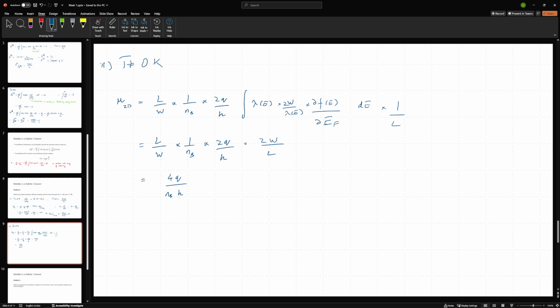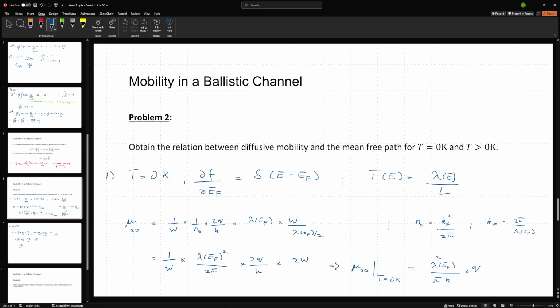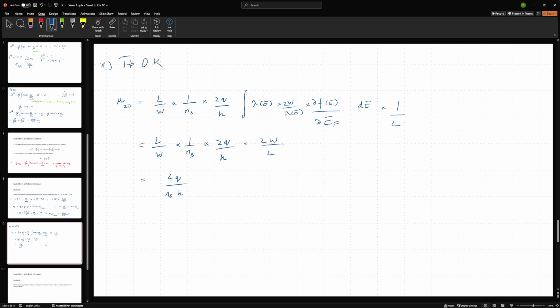Is that correct? Yes. Indeed, it is. So this is what it is. And you will find that this is actually close to the classically evaluated value.